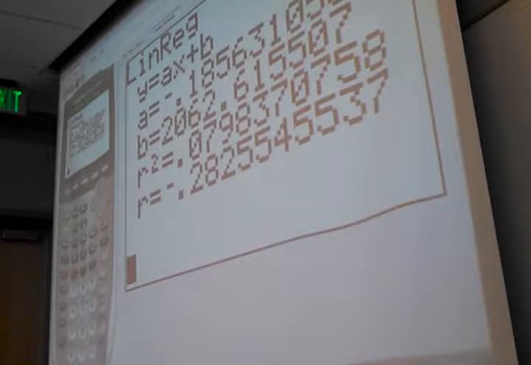What was the sample size? How many of them were there? 10. Thanks. So for size 10, it's got to be around 0.7. It's 14. I lied, 14. So for 14, it's got to be around 0.6.